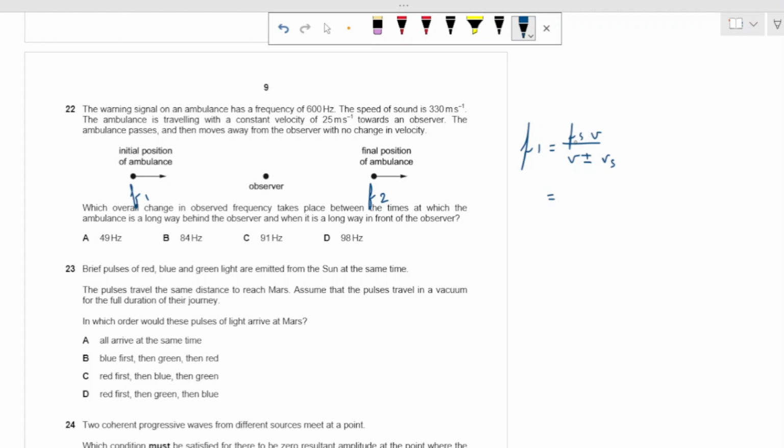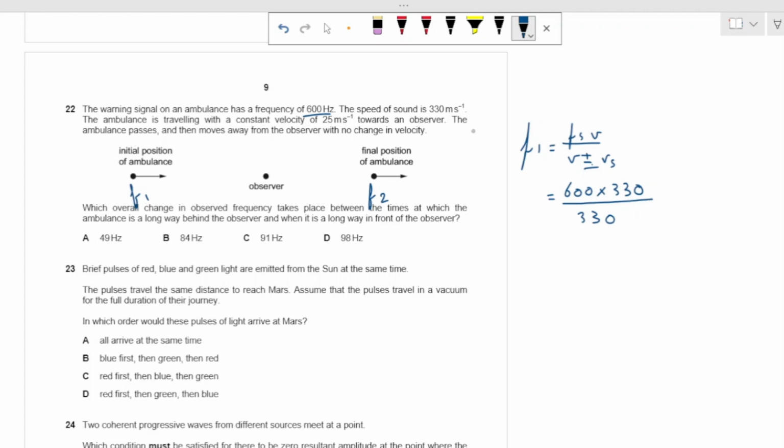So what is the frequency of the source? The frequency of the source is 600 hertz into the speed of sound in the medium, 330, in this as well. And now how will you decide whether it is plus or minus for this equation, because you have to use one of the symbols, not both of them?